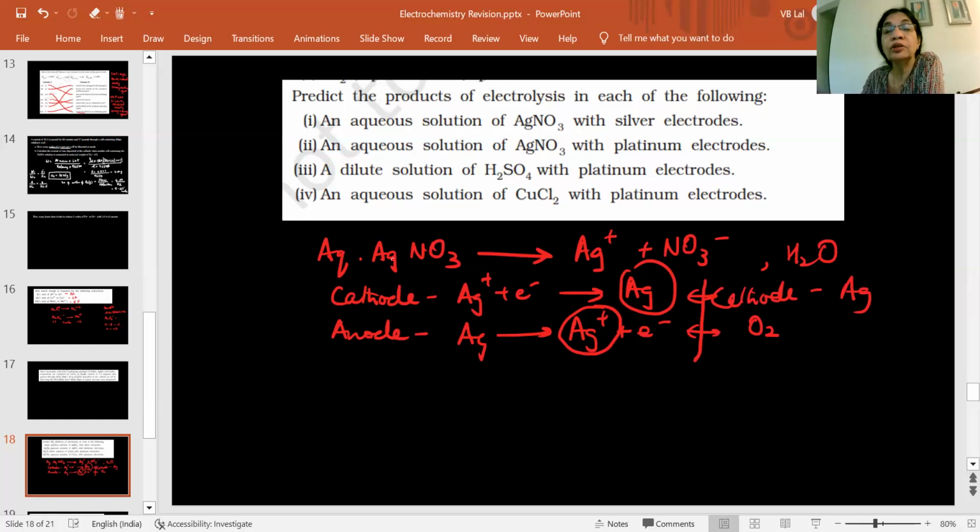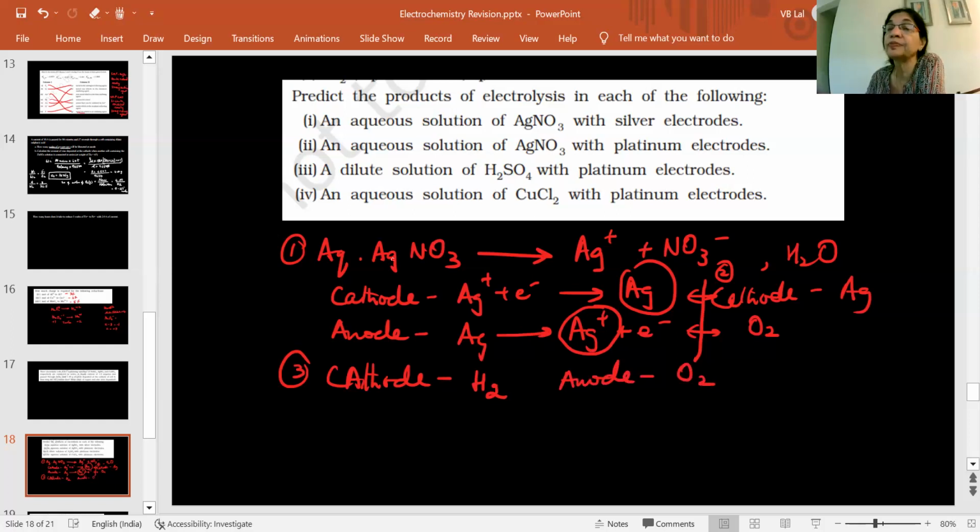Then dilute solution of H2SO4 with platinum electrodes. So this is 1. This one is 2. The third one, first at cathode, it is H2SO4. So you can imagine at cathode, you will get only hydrogen. And at anode, you will get oxygen. Water will be the one which will get oxidized there.